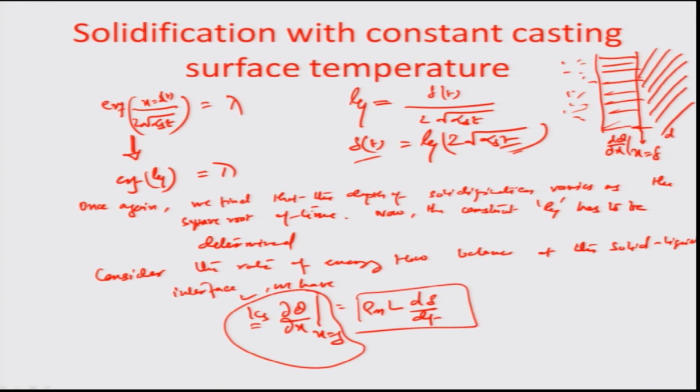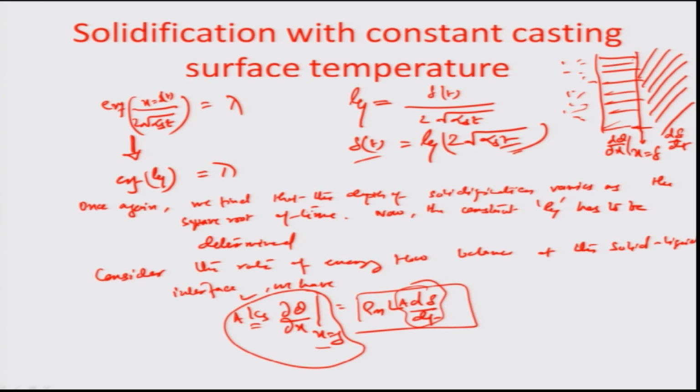We assume that at instance t, this front is moving at a rate d delta by dt. The area terms get cancelled here, areas are on both sides actually. So you have the rate of change of volume times the latent heat times density, which is basically the total amount of heat rejected out of the solidifying metal, and Ks del theta by del x at x equal to delta is the total amount of heat which comes out of the liquefied metal into the solid liquid boundary. So they should be heat balanced.